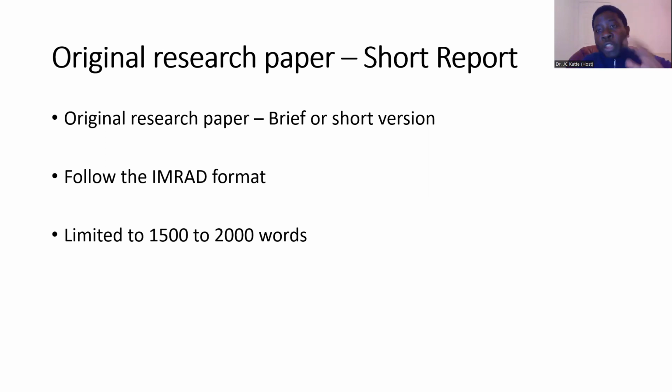So what I usually advise here is, if your research project is small, aim for a short report which is precise and concise. But if you really have a large research project, then you should aim for an original research publication that can take about 4,000 to 5,000 words.